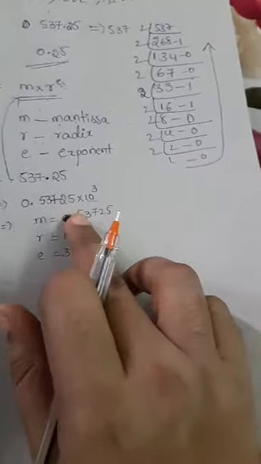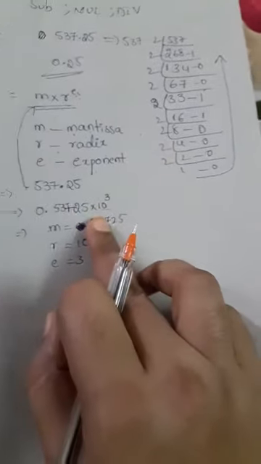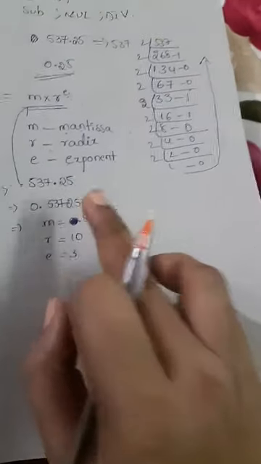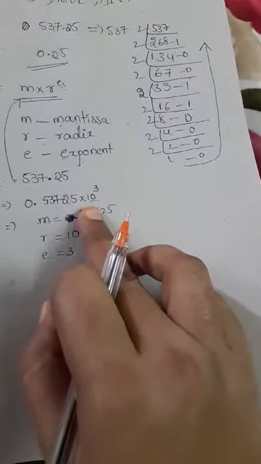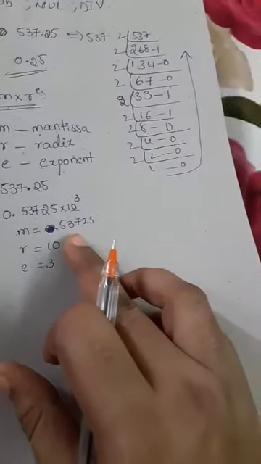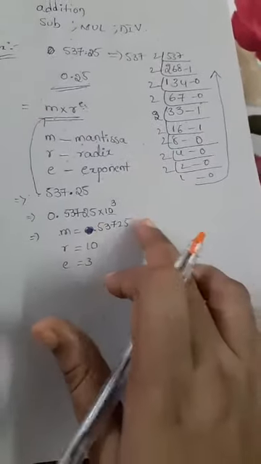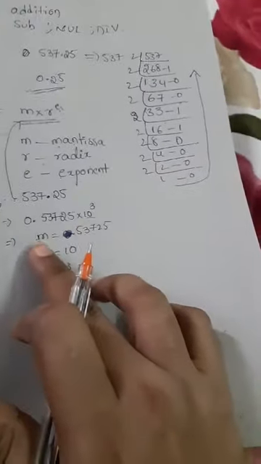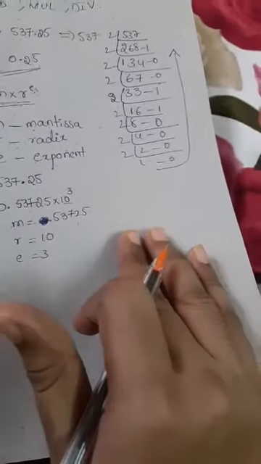If you consider 0 point, then the procedure will be terminated. So only 53725 will be stored in the particular register.